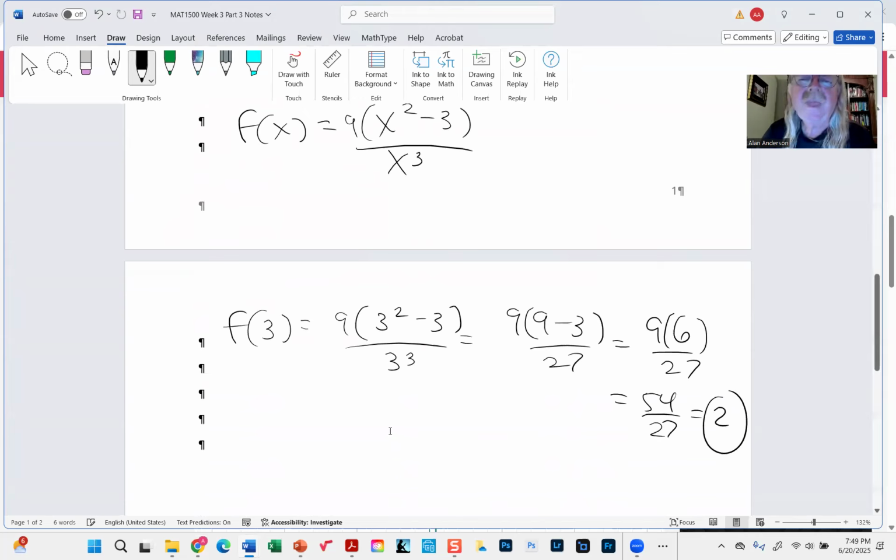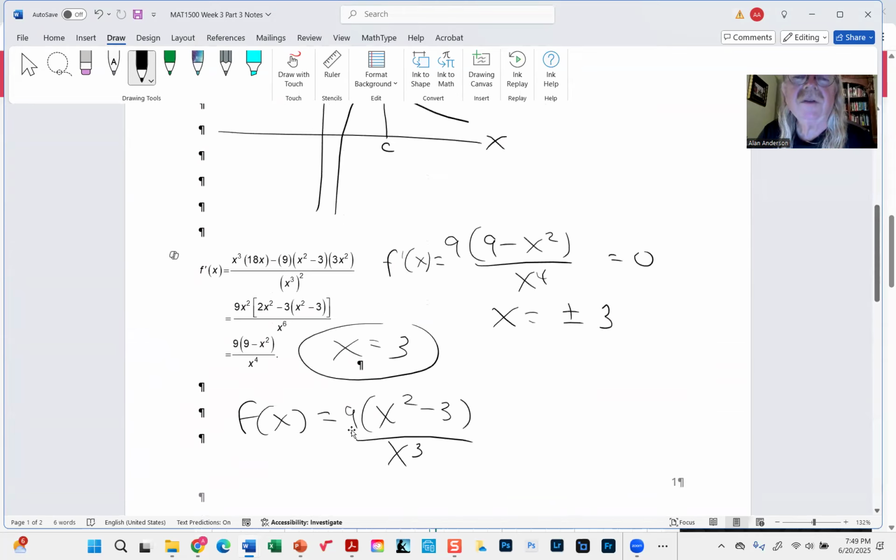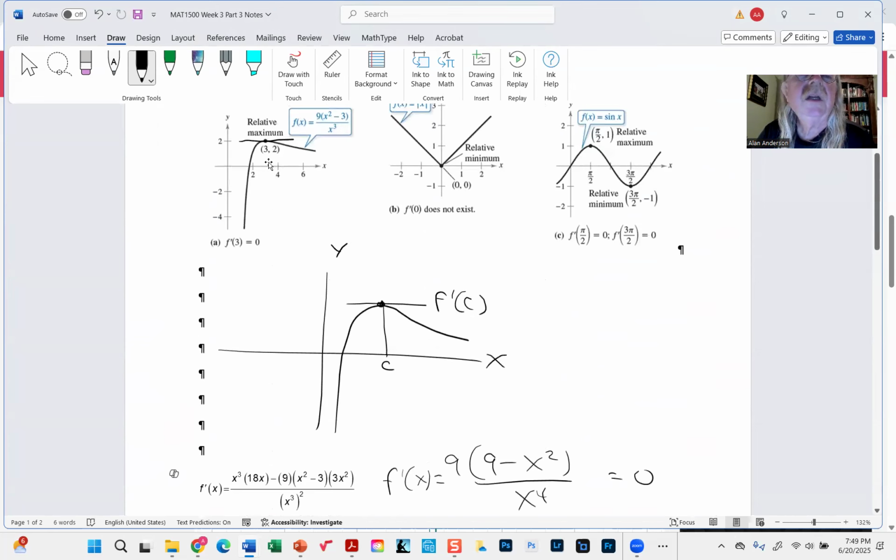That would be 2. Okay. And that's exactly what they're showing us. In other words, this is the point 3 comma 2. That is considered to be our relative maximum.